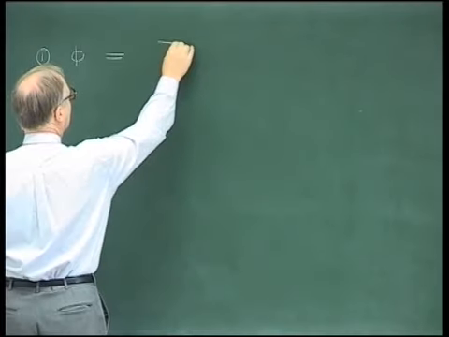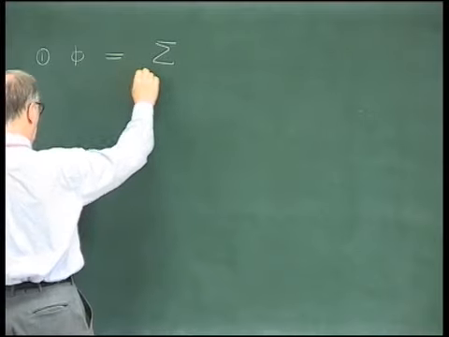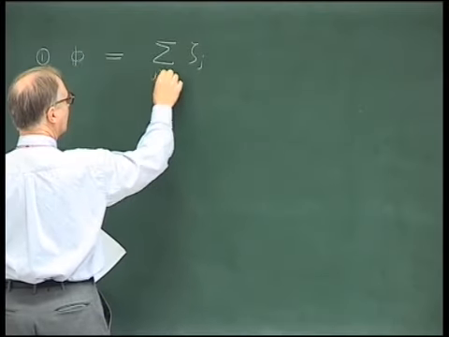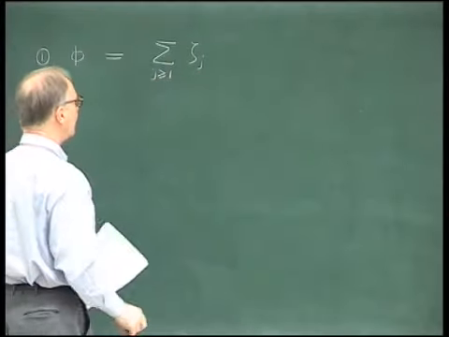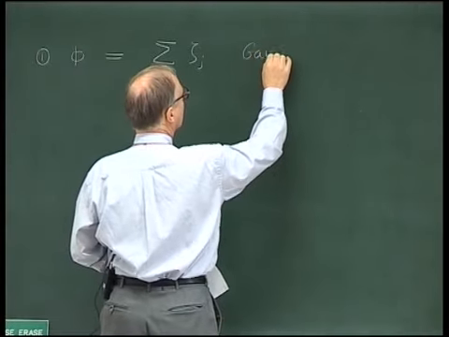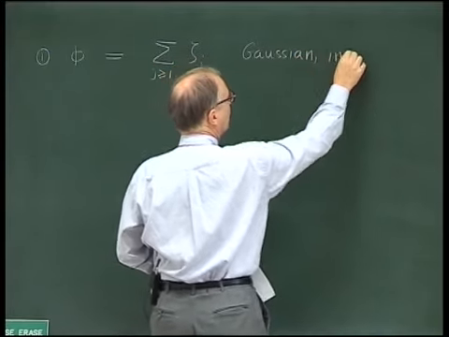Firstly, that you can write the Gaussian field as a sum of increments zeta 1 and zeta 2, which are Gaussian and which are independent.